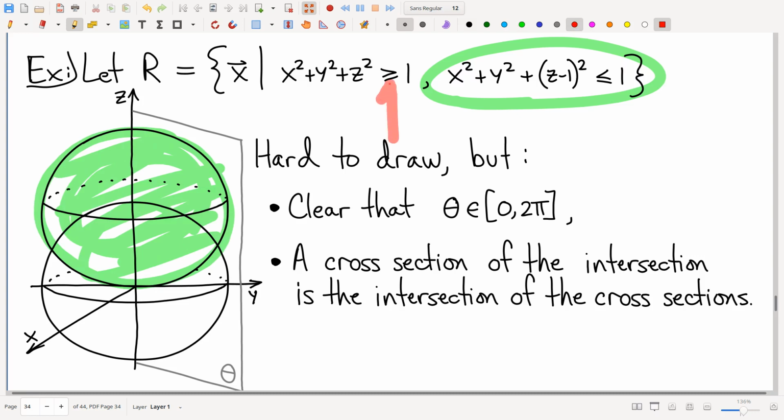This is a greater than or equal, not a less than or equal. So what that says is we're only looking at points that are outside of this ball. In other words, throw away anything inside of that ball. And so we're going to take this red bite out of that green initial ball.